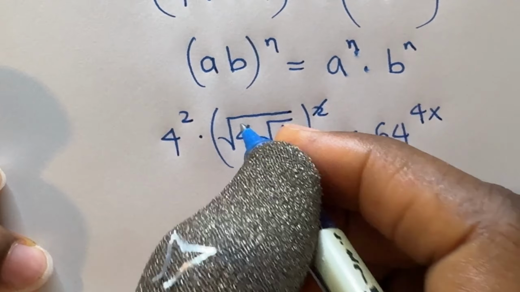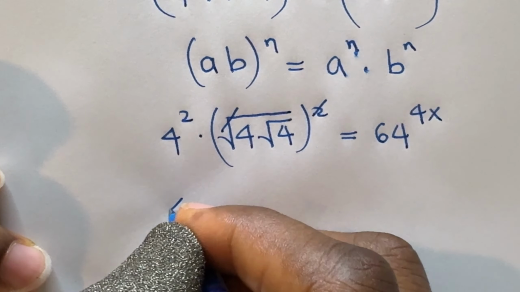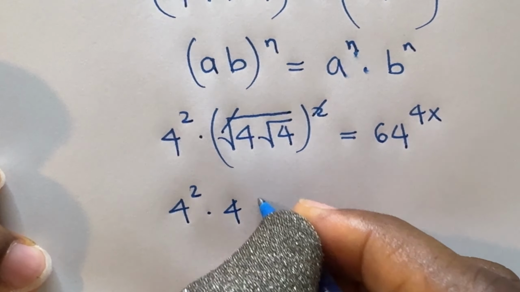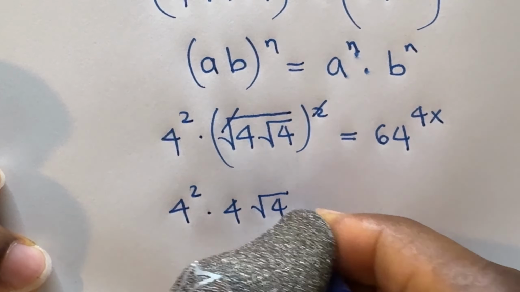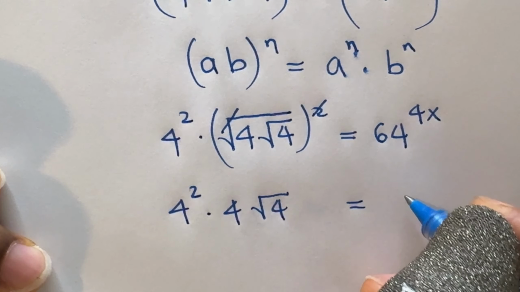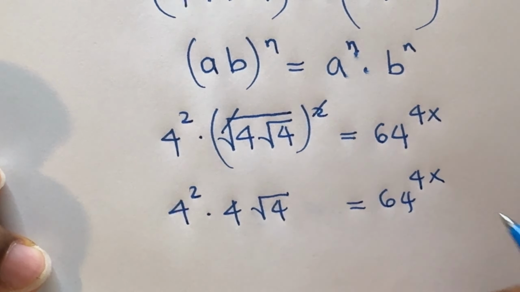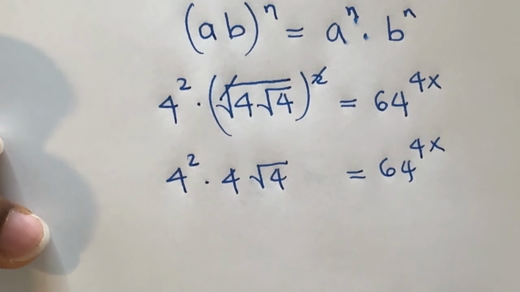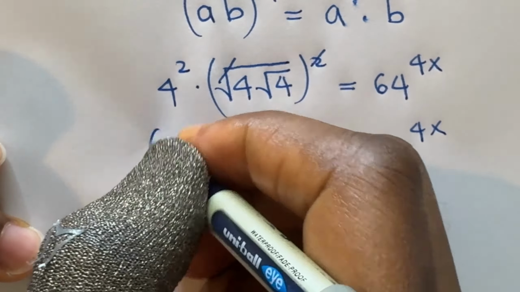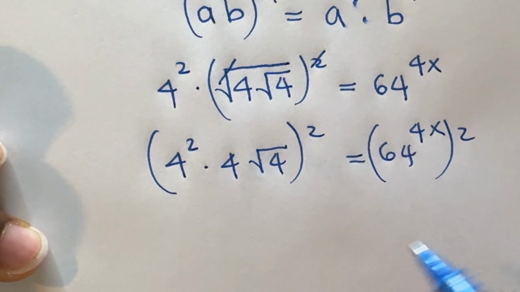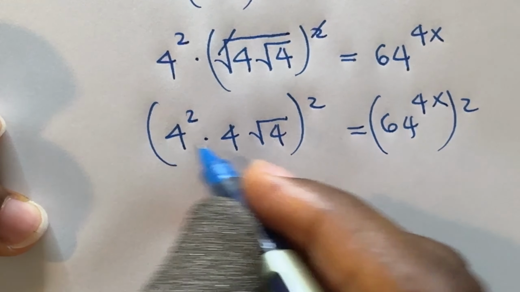So this takes care of this. So we have 4 raised to power 2 times 4 root 4 is equal to 64 raised to power 4x. Again, I'll square both sides, and then open this bracket.